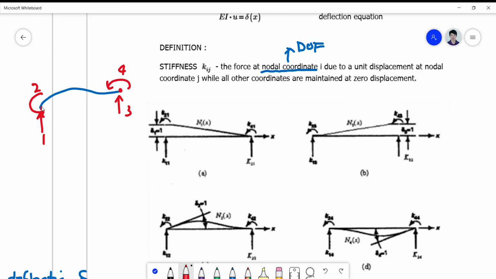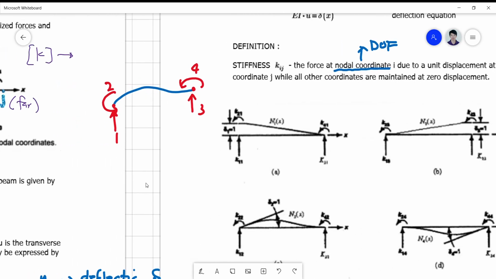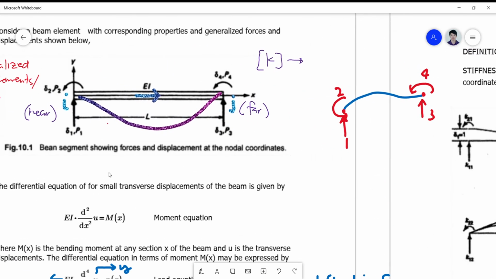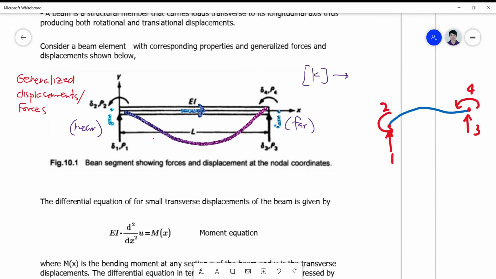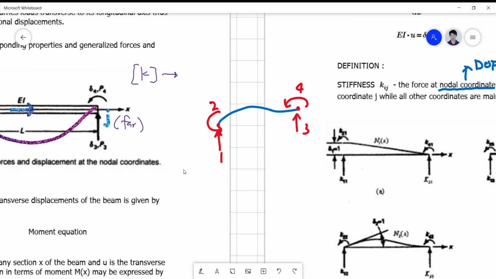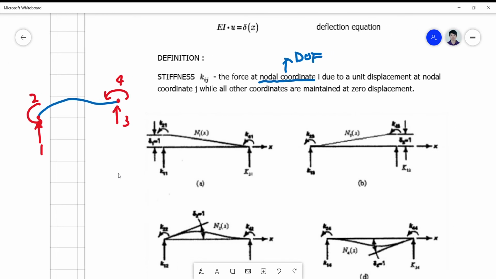Okay, so the I and the j here are the 1, 2, 3, 4 values that are considered. So your counter is actually from 1 to 4. It's different from the near and far ends, the I and j ends of this beam, which are the nodal coordinates in terms of the endpoints of your beam. Okay, so don't confuse yourself on that.